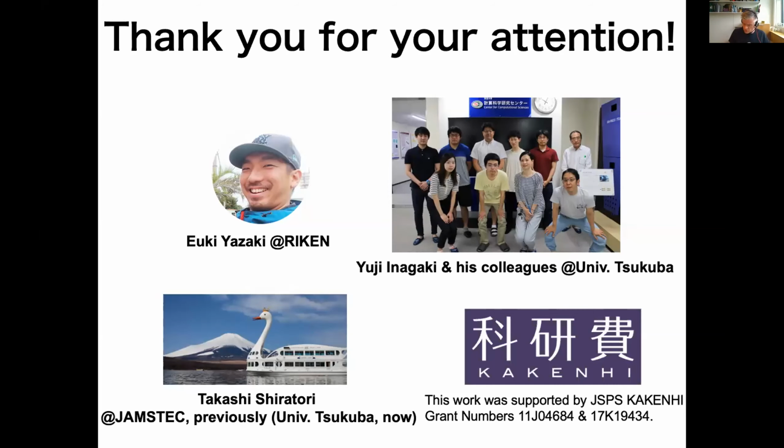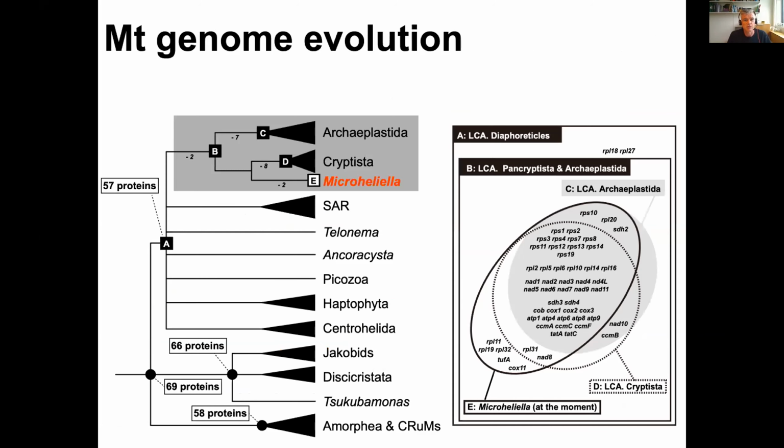Just a question. The Jakobids are generally known to have the largest mitochondrial genome composition. So did you do a comparison between them? So you have nothing special that is not present in Reclinomonas or in the Jakobids in general?